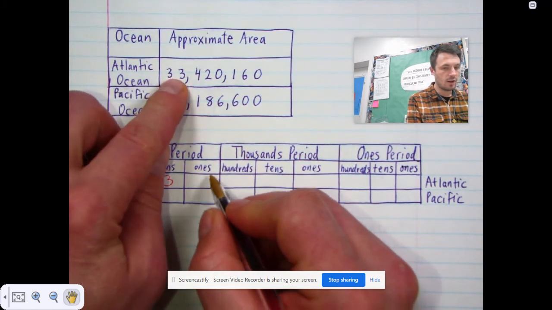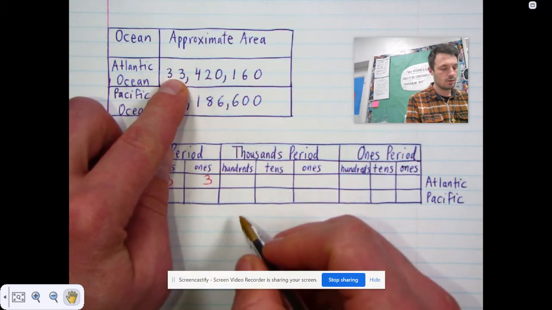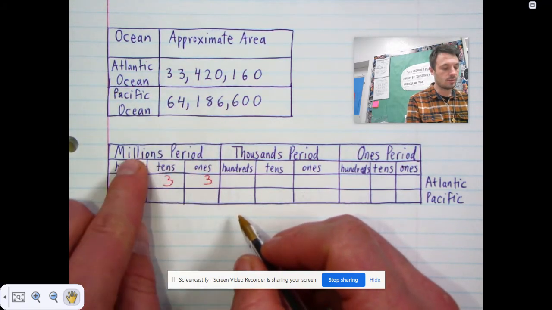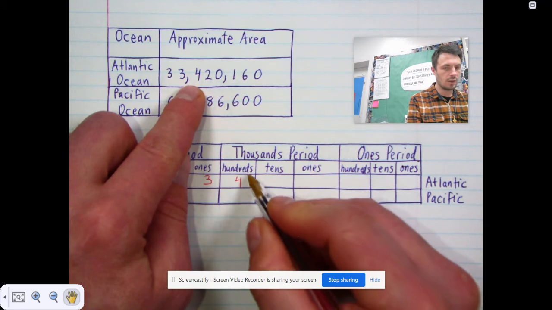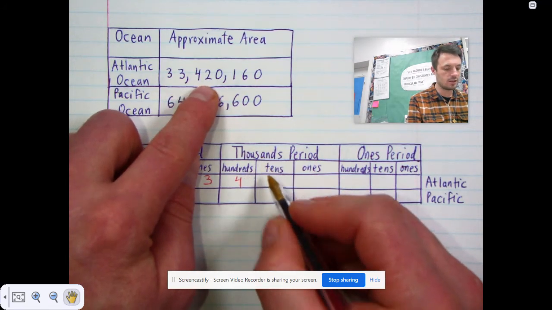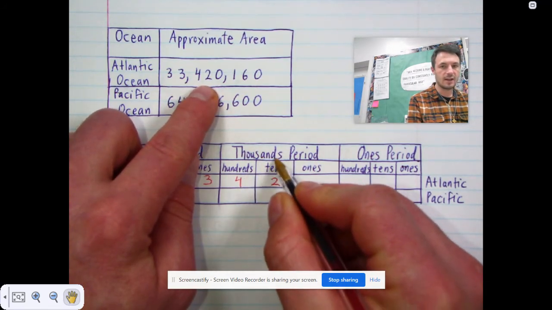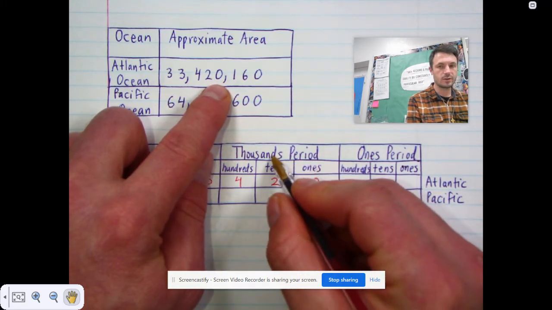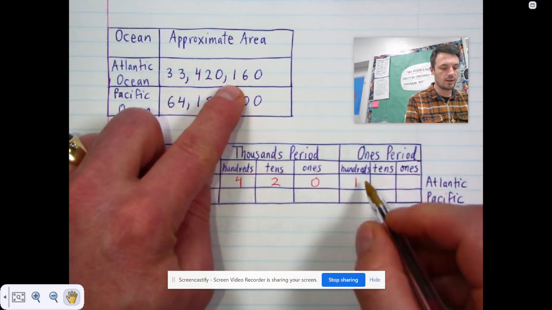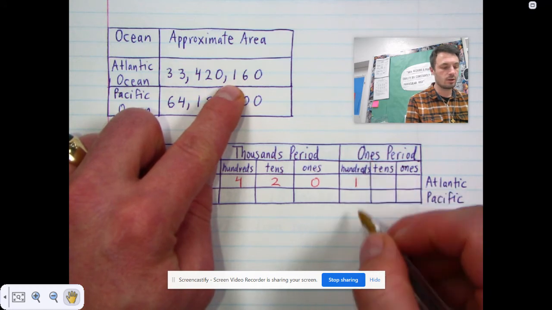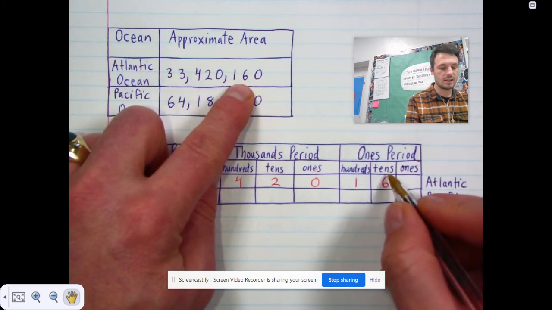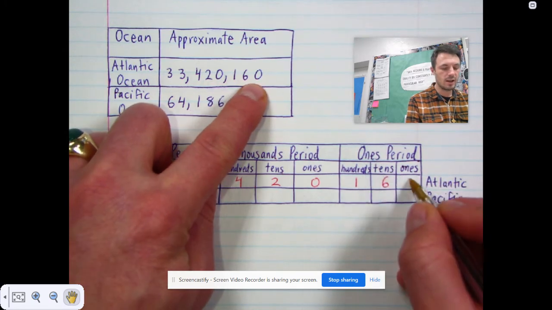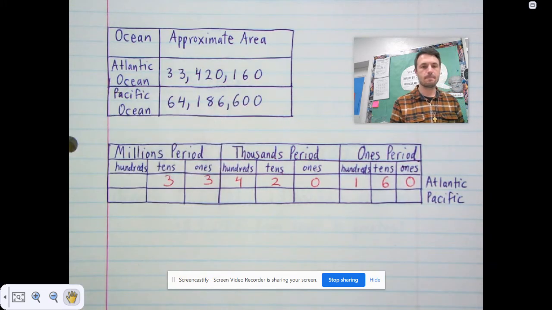And then we have another 3 in the 1 millions place. We have a 4 in the 100,000s place, a 2 in the 10,000s place, a 0 in the 1,000s place, a 1 in the hundreds place within the ones period, a 6 in the tens place within the ones period, and a 0 in the ones place.